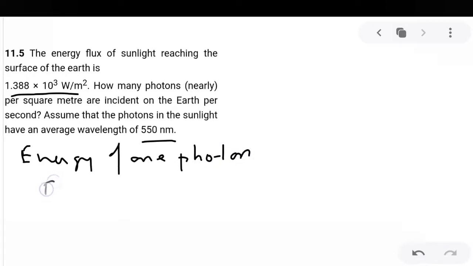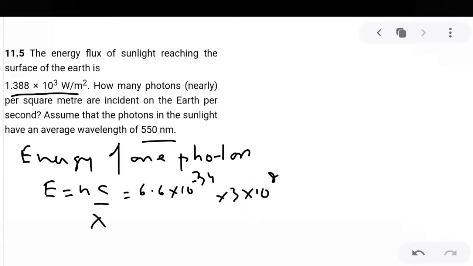E is equal to hc by lambda, where lambda is the wavelength of the photon. So this is 6.6 into 10 power minus 34 into 3 into 10 power 8, divided by wavelength 550 nanometer, that is 550 into 10 power minus 9.